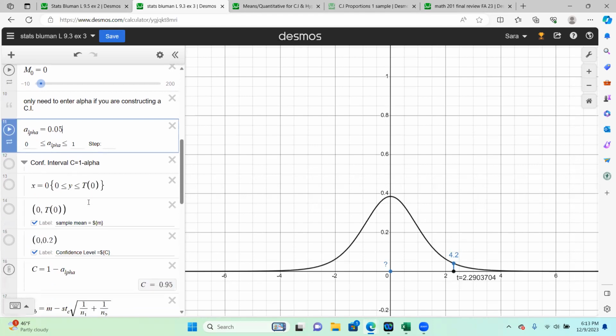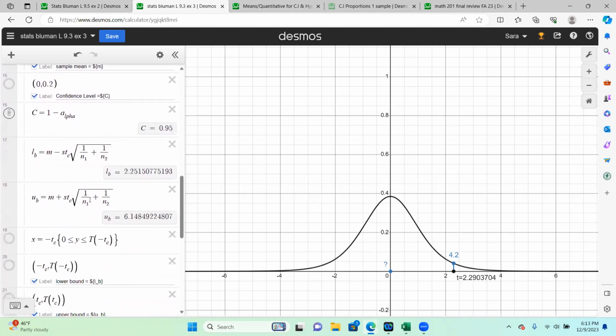So if you click on the confidence interval, it's going to give you the lower at 2.25 up to 6.15.